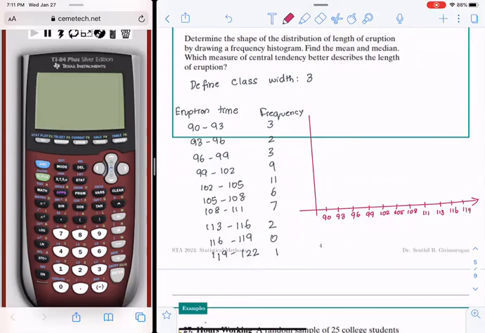And I'll just put a dot at 120 because to me it looks like an outlier.